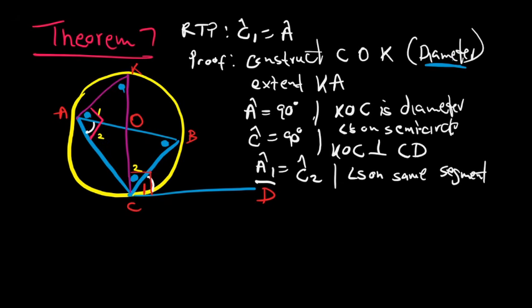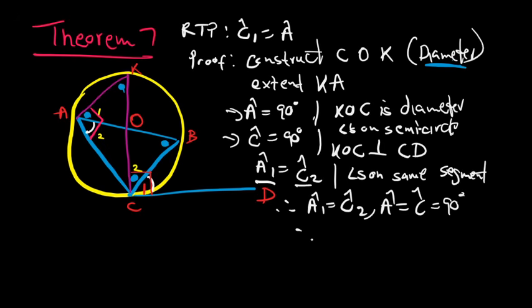So if A1 is equal to C2 and the entire angle A is equal to the entire angle C, which is 90 degrees, therefore it concludes that angle A2 is equal to angle C1.